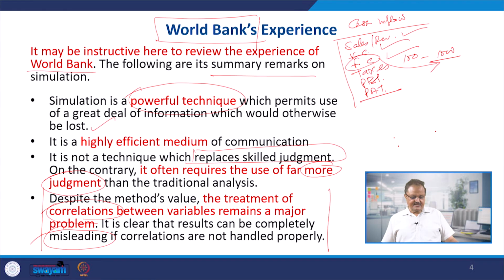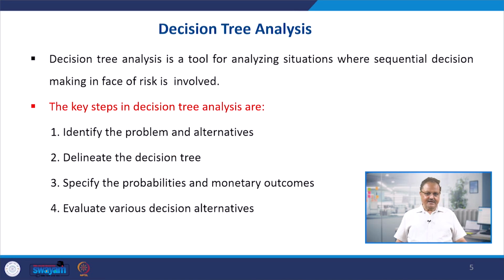So besides Hillier's models, the next technique we talked about is the simulation analysis. Now we will talk about the next technique, that is the third technique, or you can call it the sixth technique. In total it is the sixth technique, but among the lesser used techniques it is the third, because the first three techniques are largely used. As I told you, people use sensitivity analysis, scenario analysis, and break even.